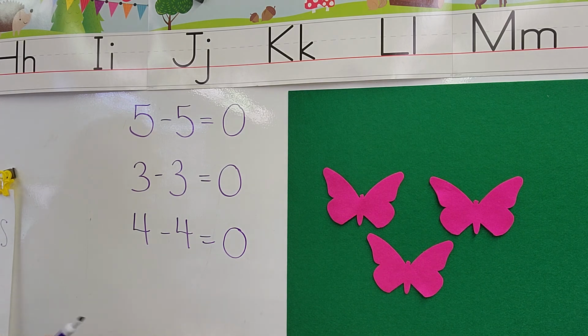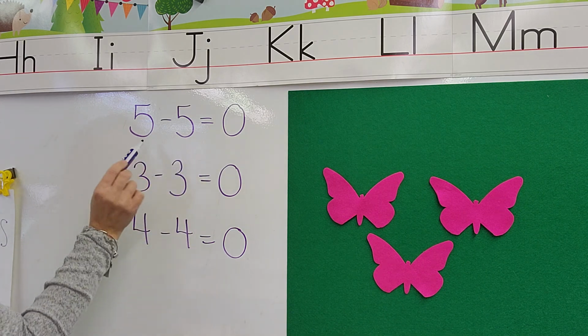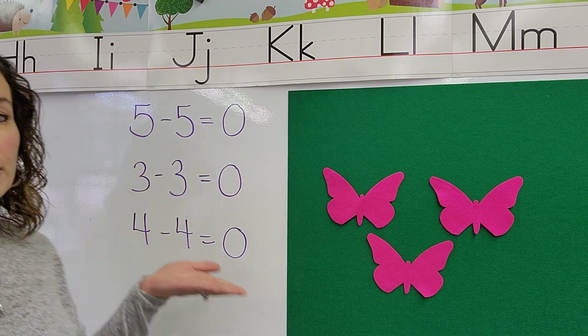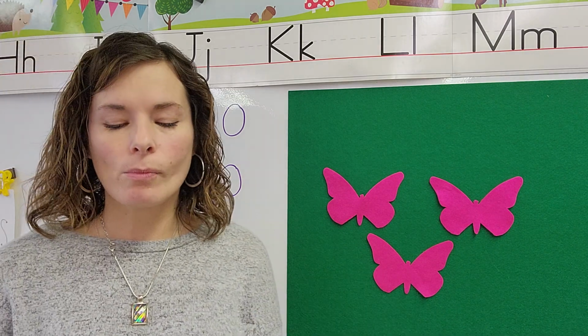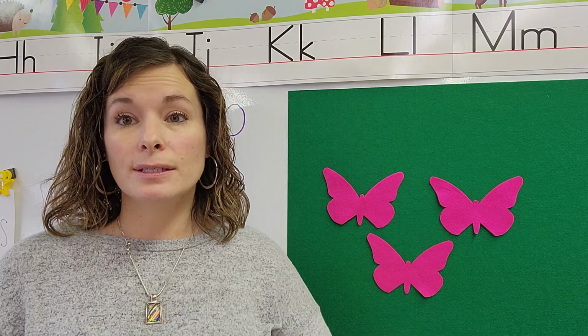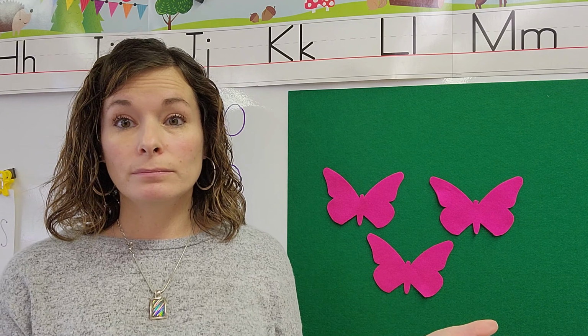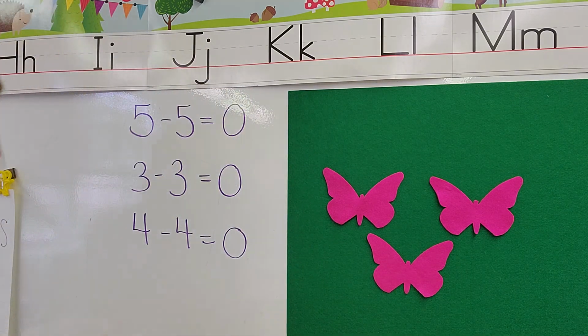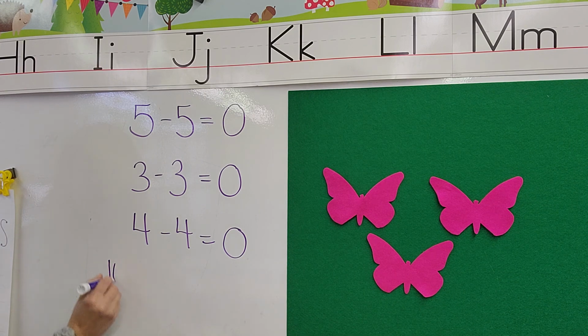Okay, so are you kind of getting the gist here that if you subtract all of your number, you have nothing left, right? It doesn't matter how small the number is or how big the number is. If you subtract all of it, you have 0 left. Here's an example of a big number. Mrs. Nelson had $100.